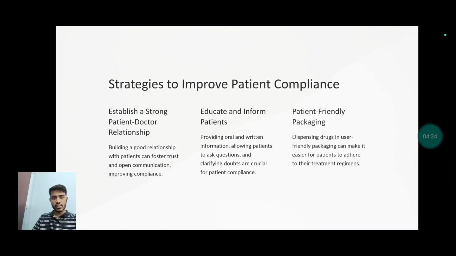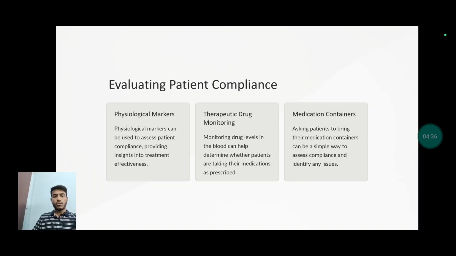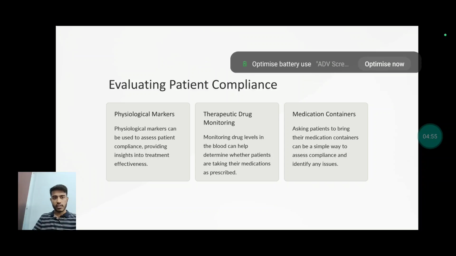Now, how can patient compliance be evaluated? There are three points. First of all, physiological markers. Physiological markers can be used to assess patient compliance, providing insight into the effectiveness of the treatment. Second, therapeutic drug monitoring. It is monitoring drug levels in the blood.